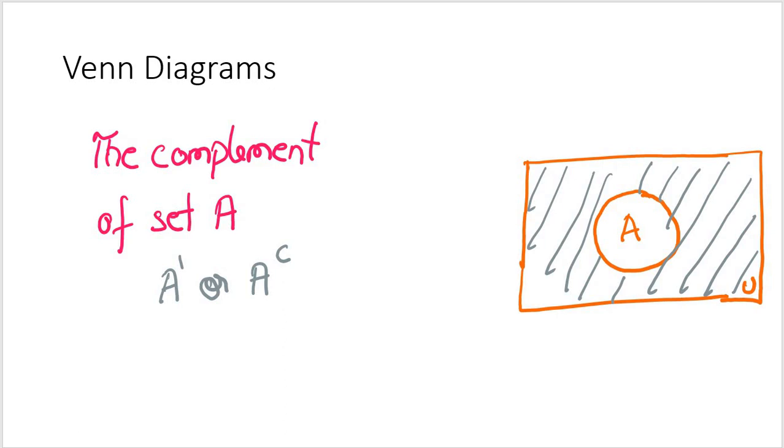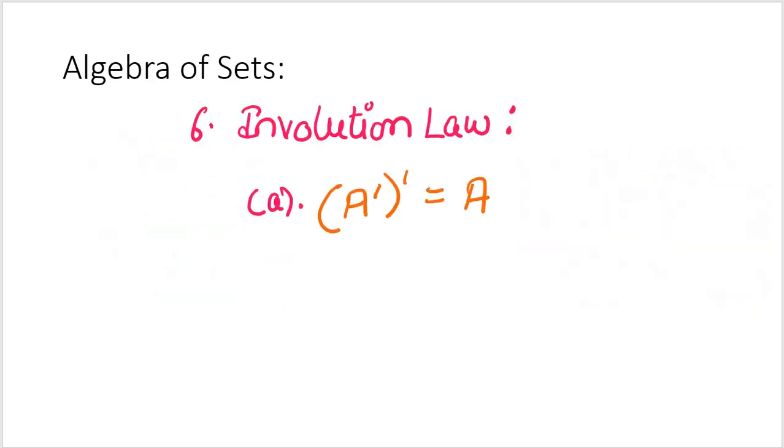So if I'm getting complement's complement, I'm getting A in return, right? I'm getting A in return, and this particular part is called your involution law.